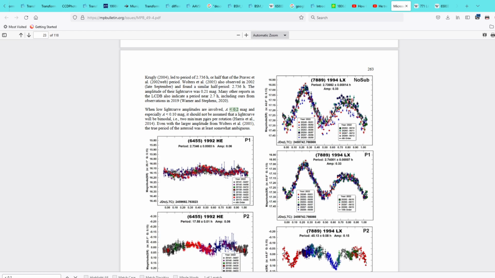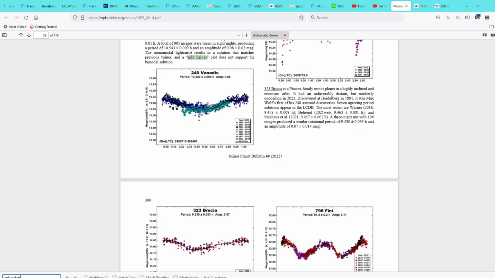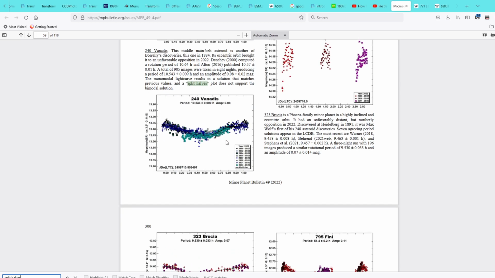If we do a search on that, you can see several references to it. For example, monomodal light curve results in a solution that matches previous values, and split halves plot does not support the bimodal solution. So what does that mean?